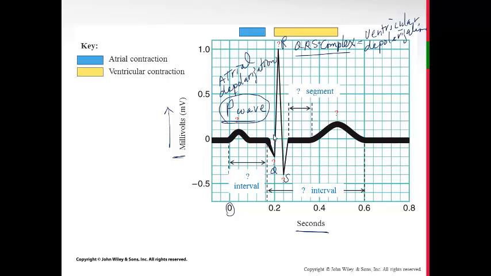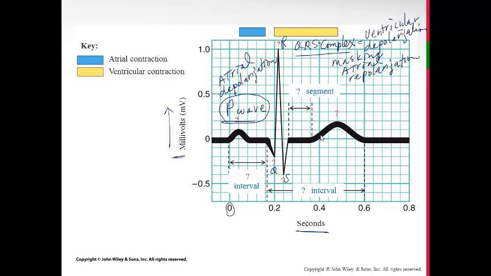But your atrial repolarization is masked by the ventricular depolarization. The QRS complex is so huge that it's masking your atrial repolarization. Okay, so you don't really see it over here.